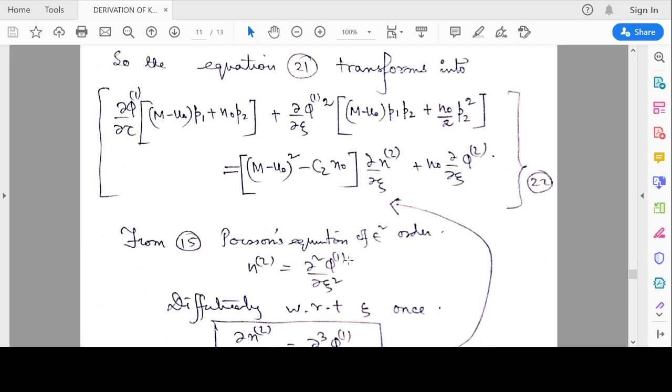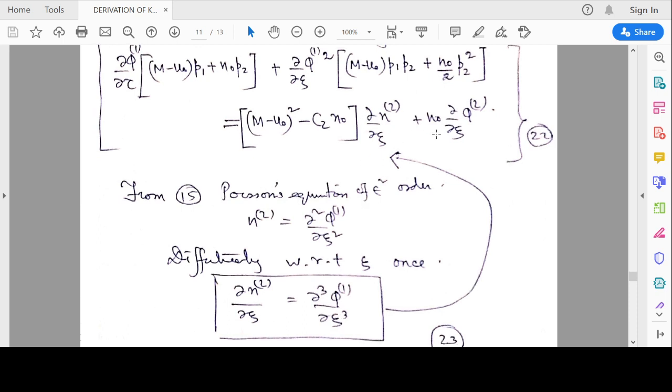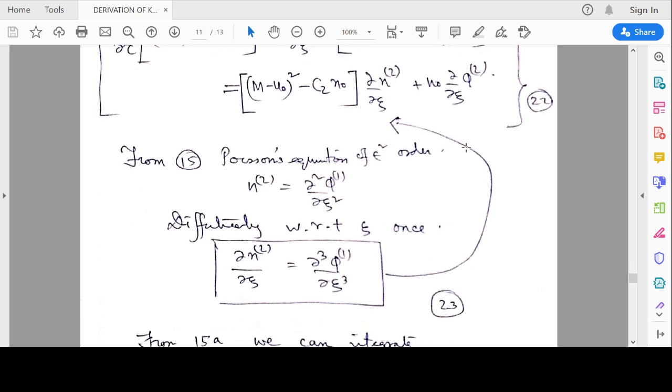How? We got this expression. We differentiate it with respect to xi once again. So del n2 del xi, we get del q, del 3 phi 1 del xi cube. So you just put it here. Okay, and the only term that remains here is this one.